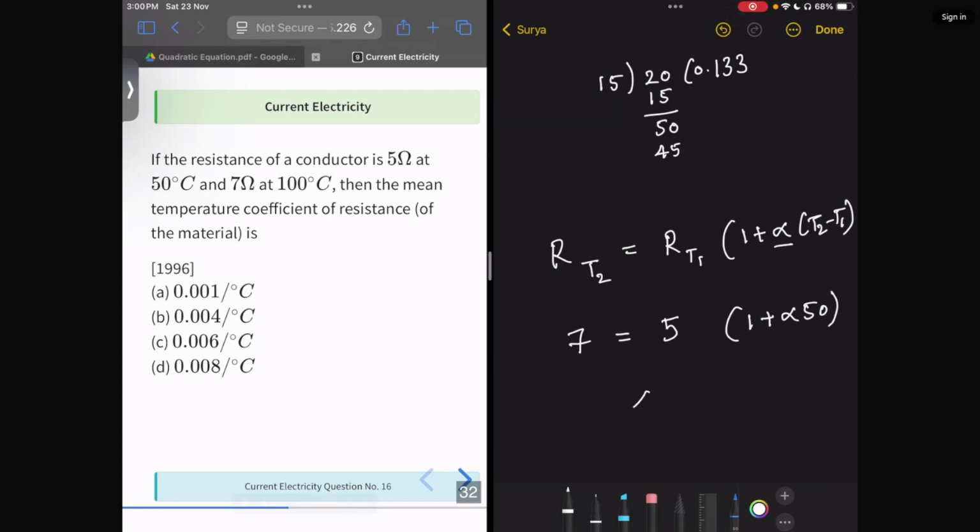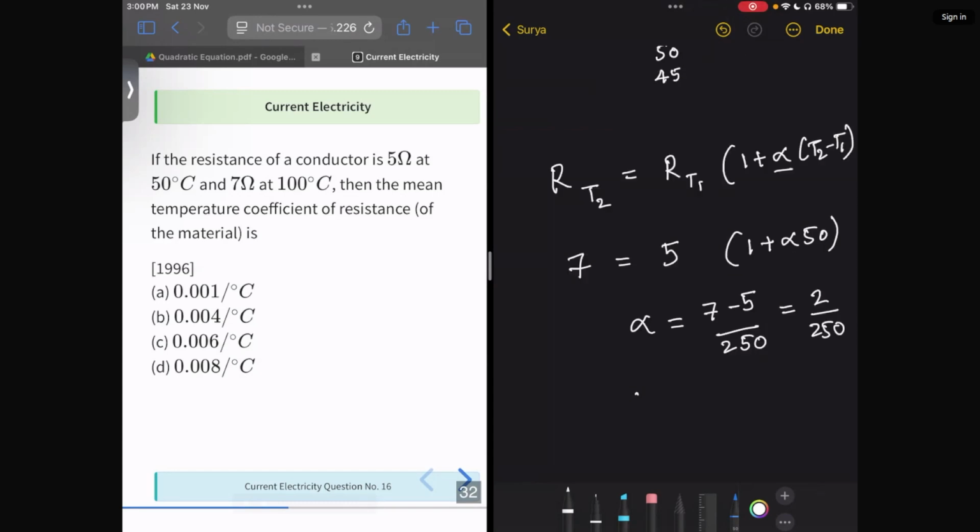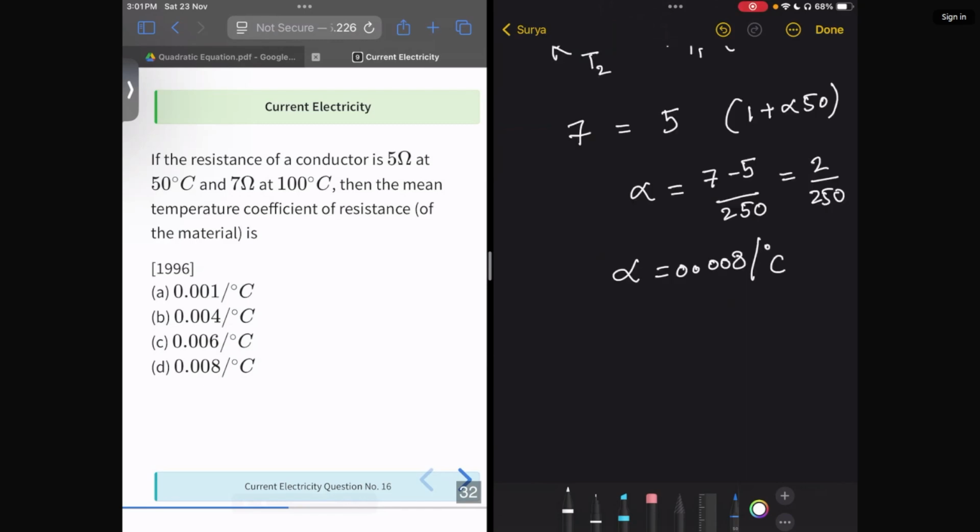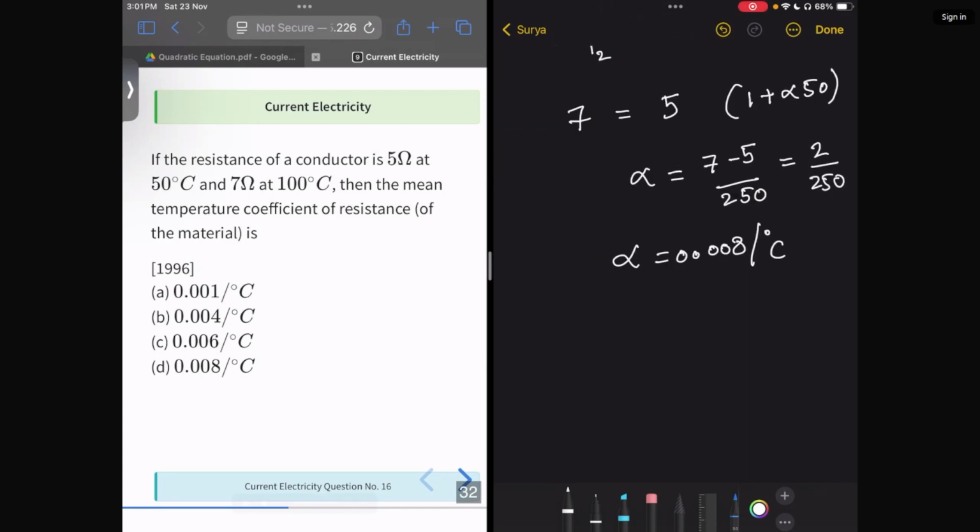So alpha is equal to 7 minus 5 divided by 250, so it is 2 by 250. So alpha is equal to 0.008 per degree centigrade, right?